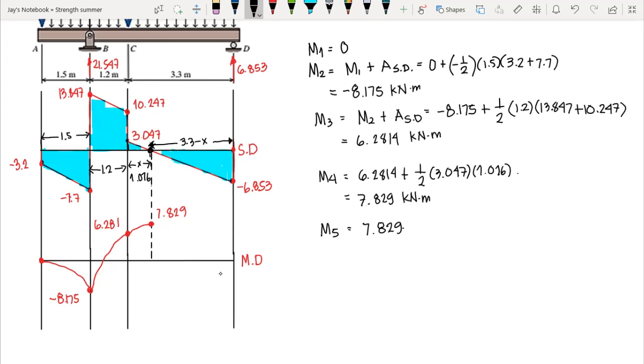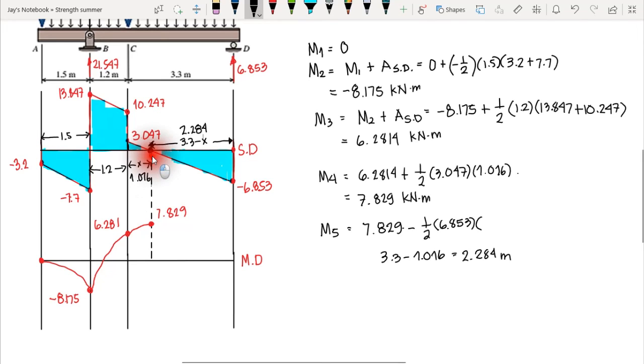Since this one is negative shear, we have minus 1/2, the area of a triangle, times 6.853 times, take note, our length here, that is 3.3 minus x, which is 3.3 minus 1.016. We have computed the value of x. So the answer is 2.284 meters, the distance from this point to point D.